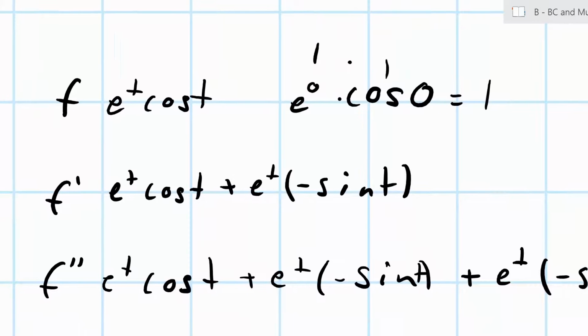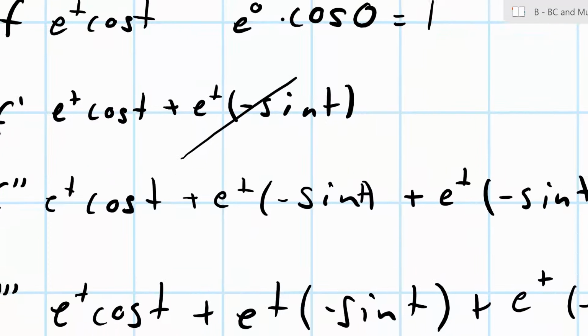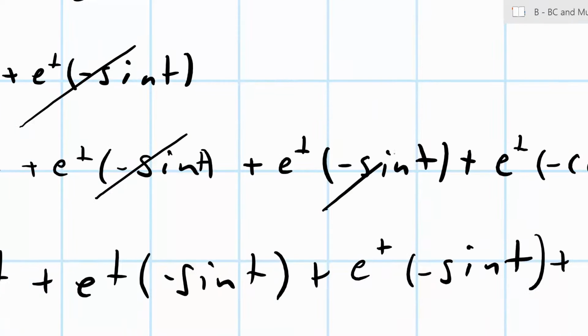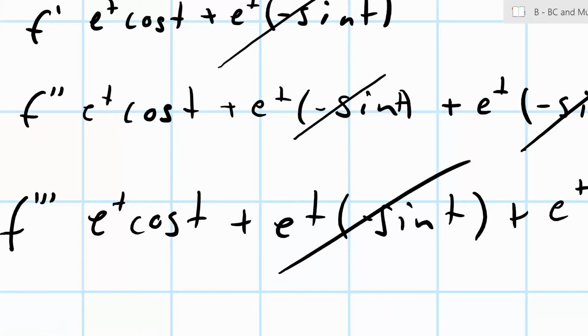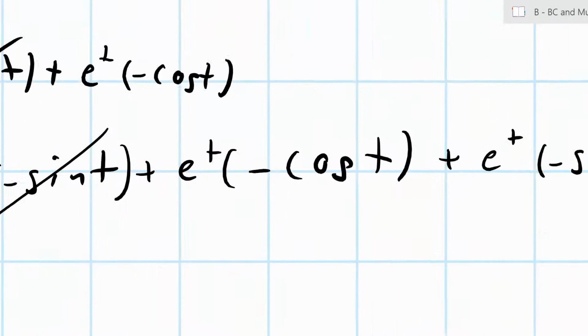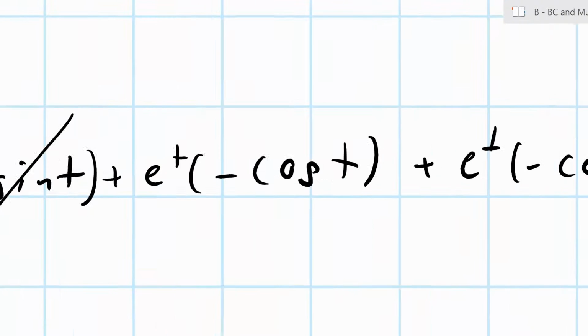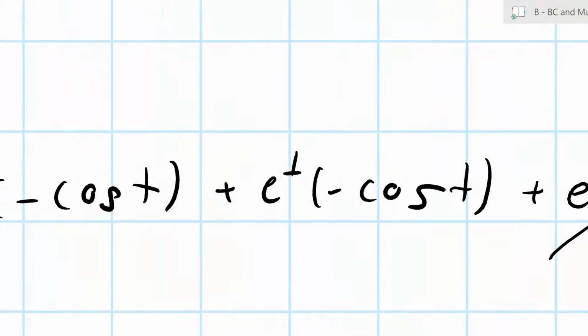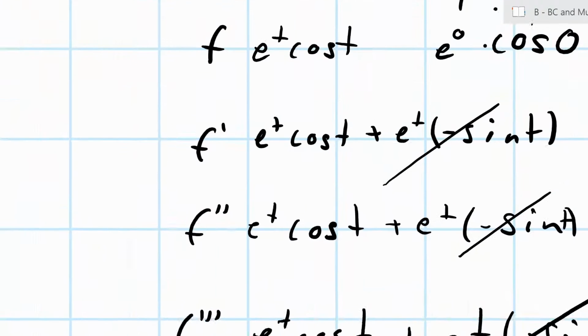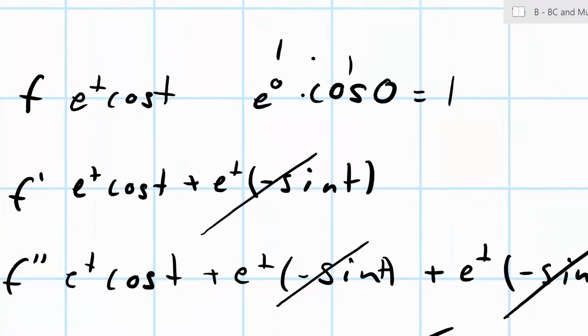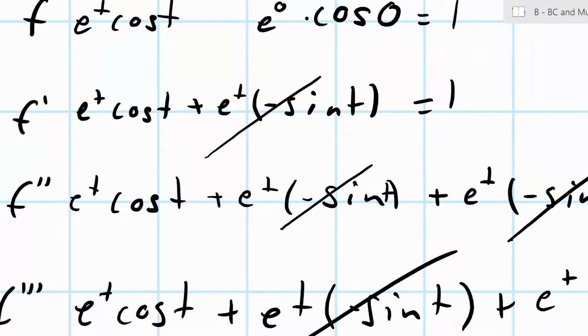And then any of the ones with sine go to 0, because sine of 0 is still 0, so we can just cross out all of the terms with sine. And then you get the same thing, so this is also equal to 1. And so this would be 1.